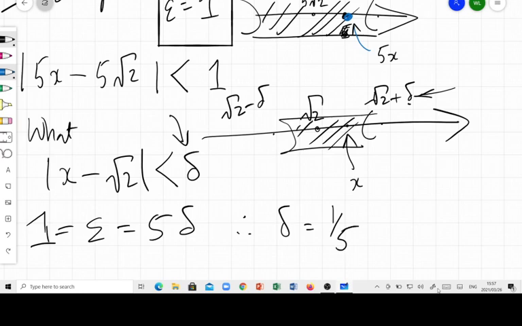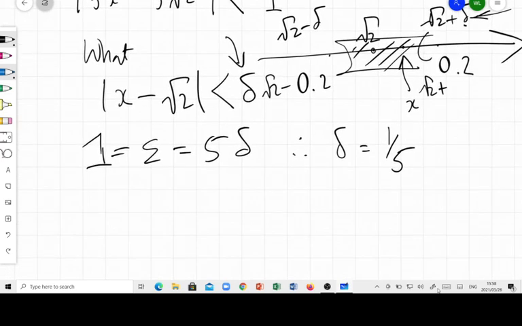If I can get my x to be within 0.2, which is 1/5, of square root of 2, so between square root of 2 minus 0.2 and square root of 2 plus 0.2, then my 5x will definitely be within 5 times 0.2, which is 1, of 5 square root of 2.